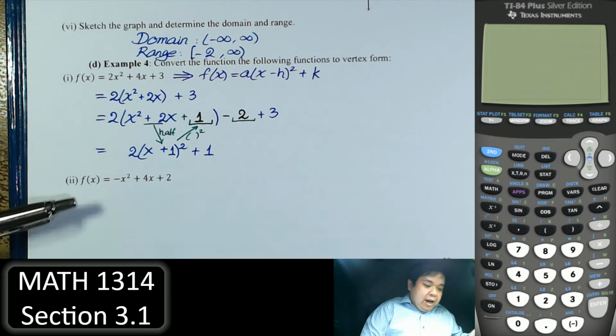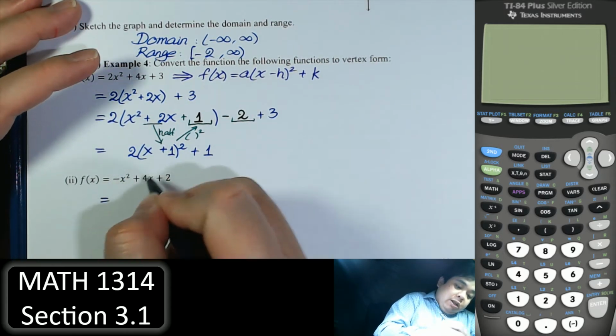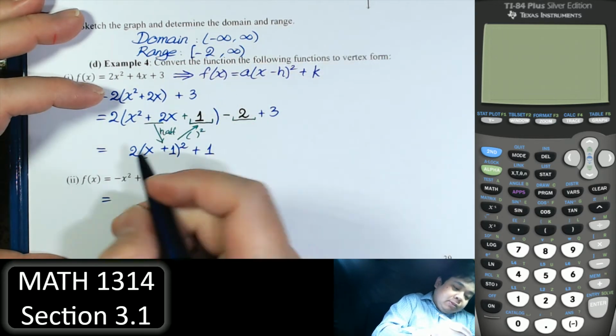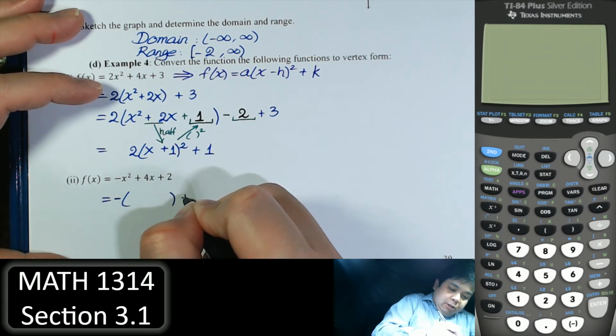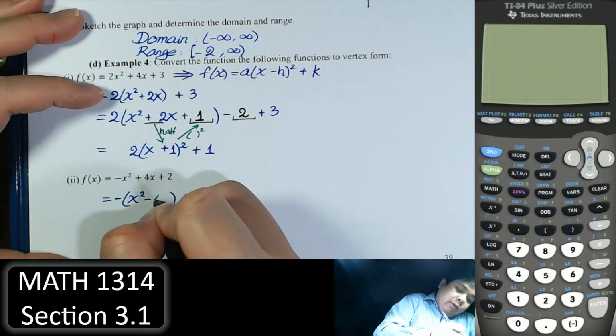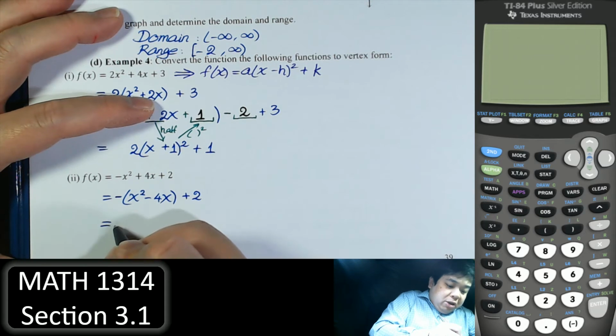Same thing here for this function. Factor out the leading coefficient from the first two terms. This is just a negative. And we will have x² - 4x. And we do completing the square again.